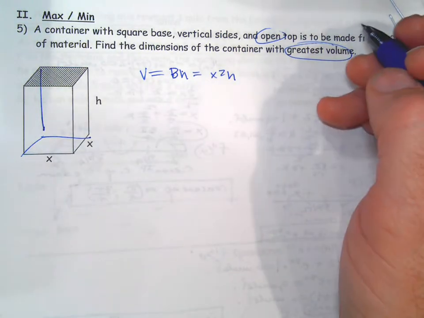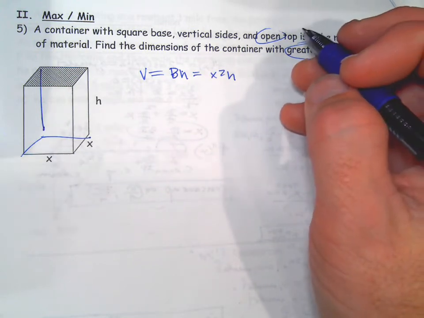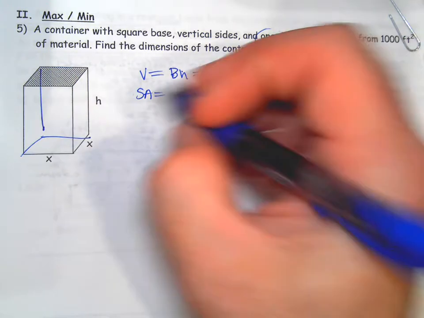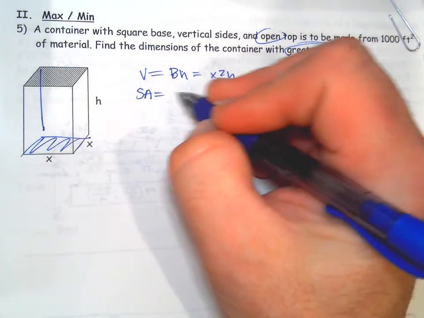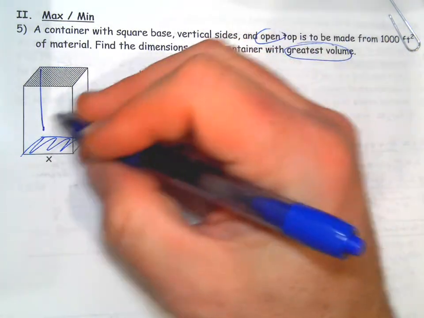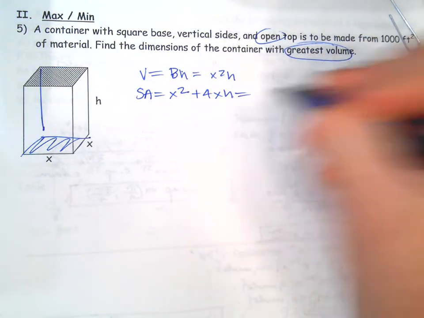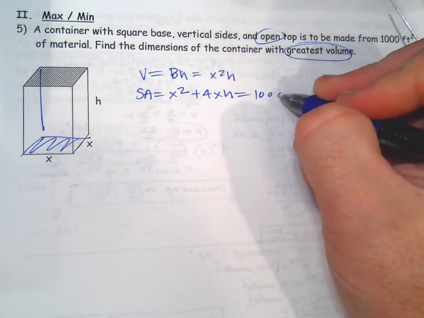And we want to get it in one variable. The surface area is 1,000. The surface area would be the area of the base and the area of all these sides. There are 4 of them, and they're each x times h, and they should add up to 1,000 square feet.